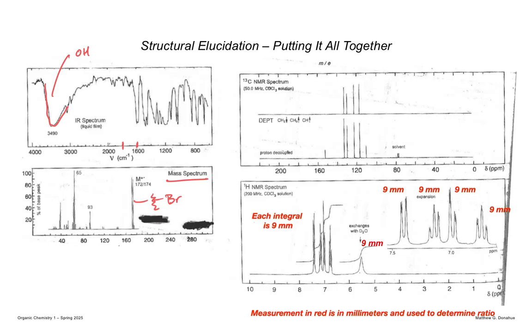So let's look at this carbon NMR, the proton decoupled one. We're going to ignore the solvent. How many signals do you see in the carbon NMR? 6. We see 6 unique carbons.